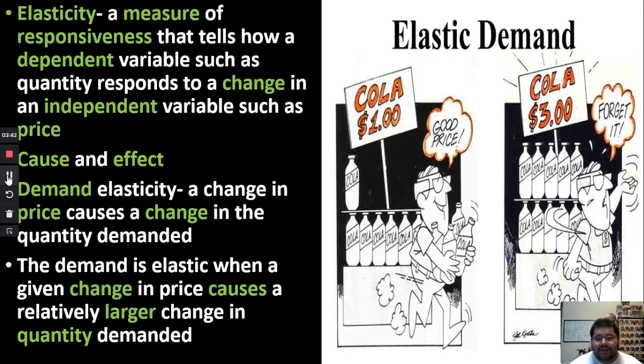So that's what elastic means. If the price is too high, none. But if the price is small, you're going to buy a bunch, as much as you want. So that's why it stretches, depending on the price. Too much, none. A lot when the price is smaller.